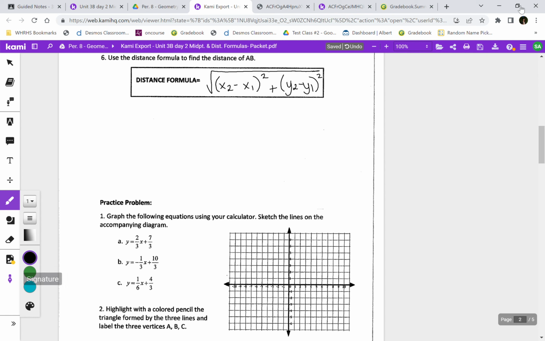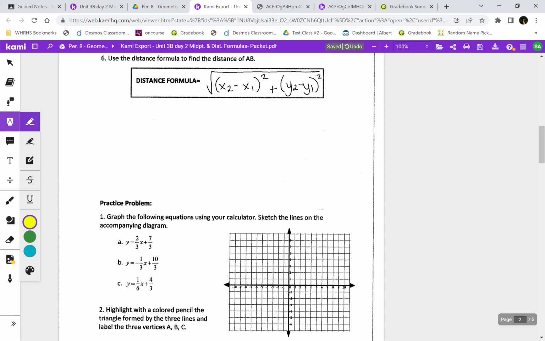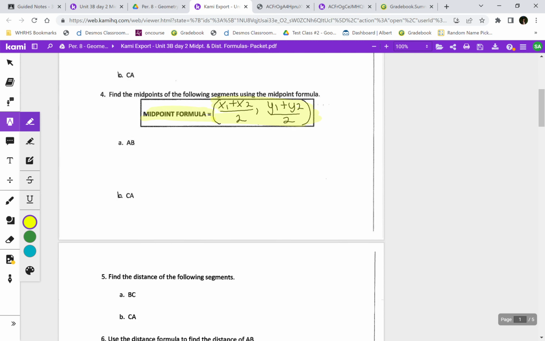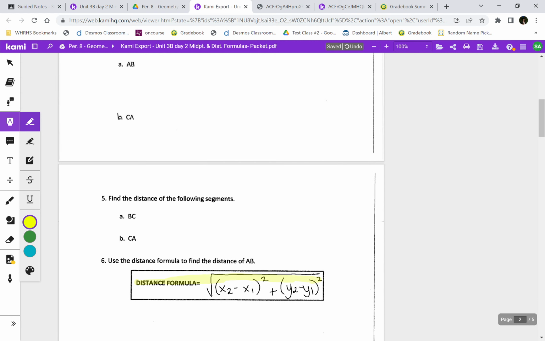Those are going to be the two formulas you need to memorize for your test, which will be next week. So we got the midpoint formula, we got the distance formula, and I will teach you how to use those two formulas.